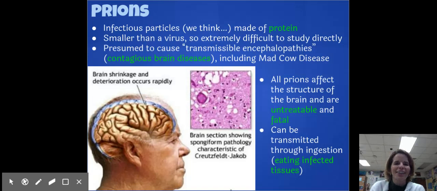It's not called mad cow in humans, but they died from it. It was 100% fatal. So now anytime there's a cow that has mad cow disease, it's a huge deal. All the cows in the area are killed, and they're treated in a special way to try to prevent any kind of infection. At this time, the United States believes our beef is completely free of mad cow disease and there's nothing to be worried about.